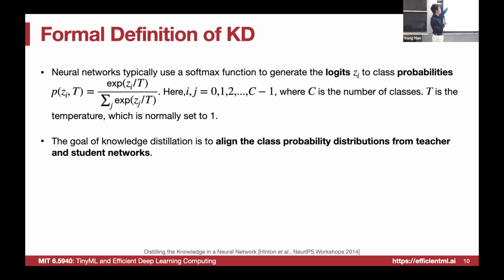Okay, try to match the probability given by the exponent of z_i divided by T, versus the sum over all the classes, where C is the number of classes. And T is the temperature, which is usually set to 1. And the goal of the distillation is to align the class probability distribution from teacher and student networks.